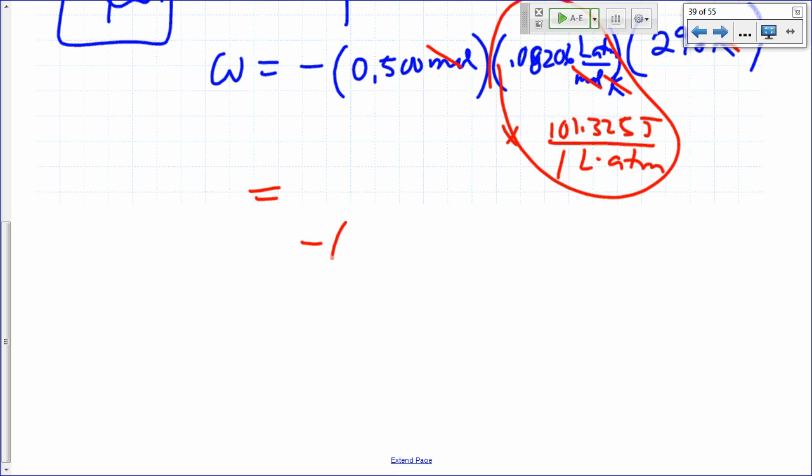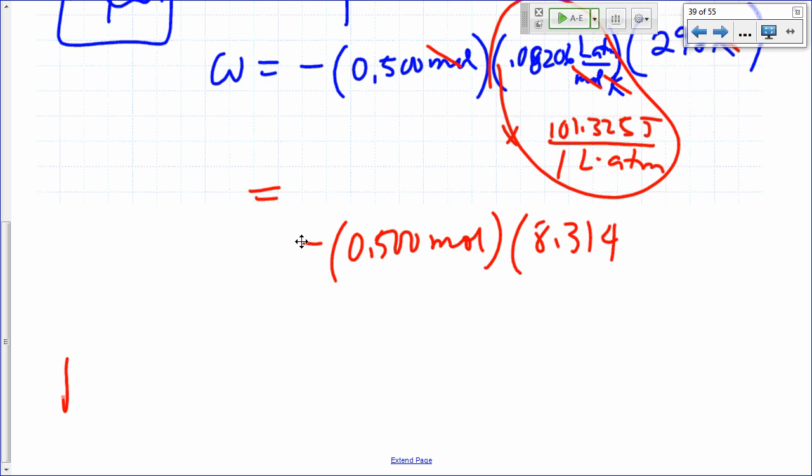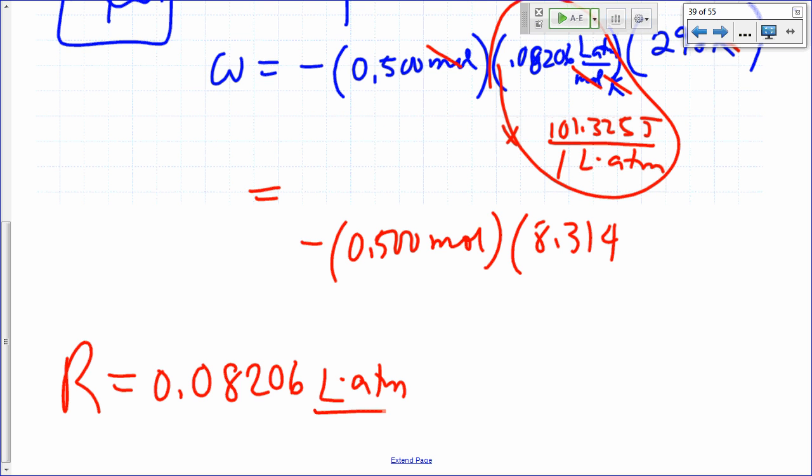So we can say this is negative 0.500 moles times R, which is 8.314. If you want your answer in joules, might as well use this value for R. So these are two good numbers to remember for R. It's 0.08206 liters times atmosphere per mole per Kelvin.